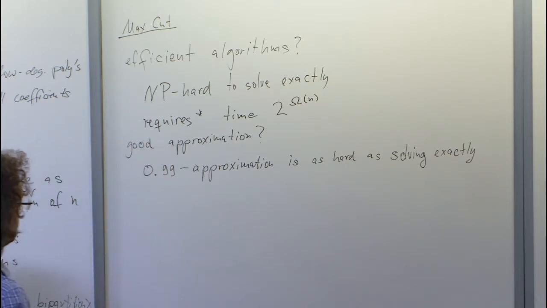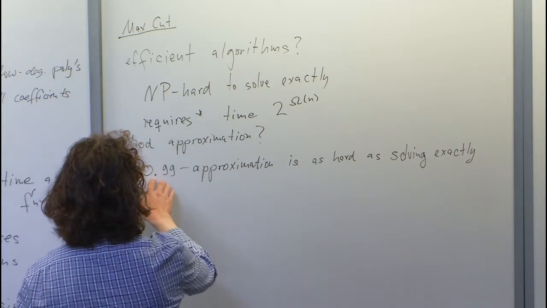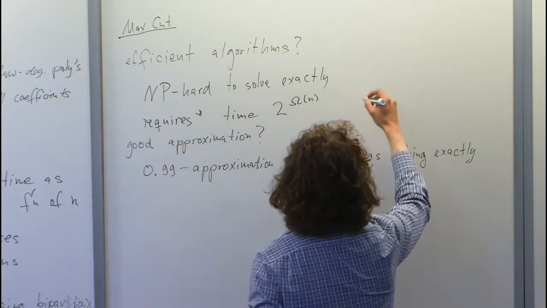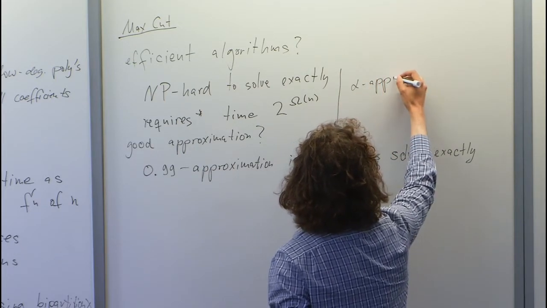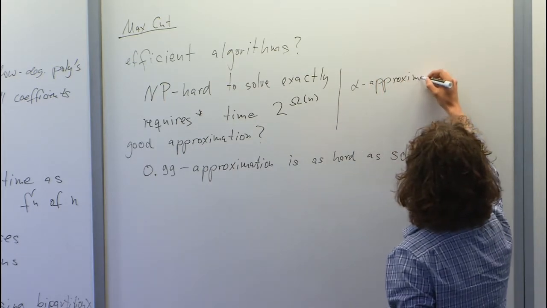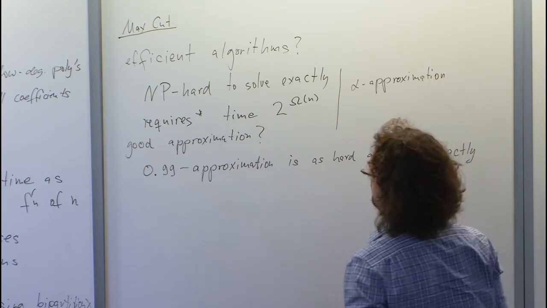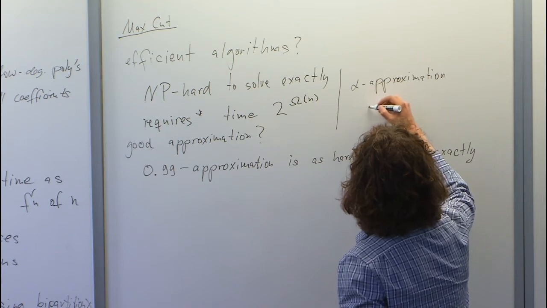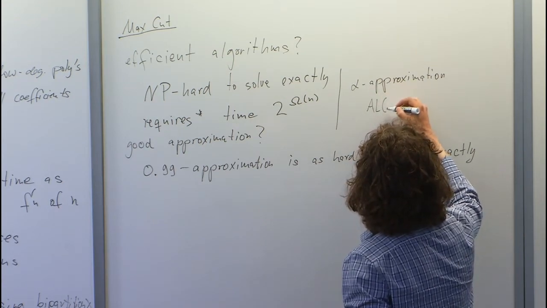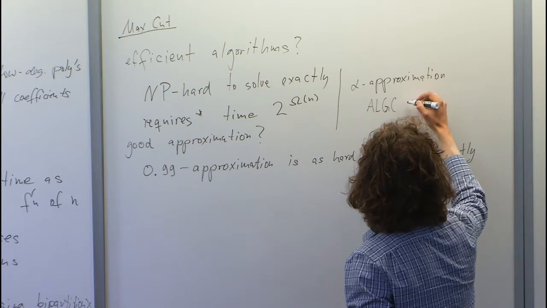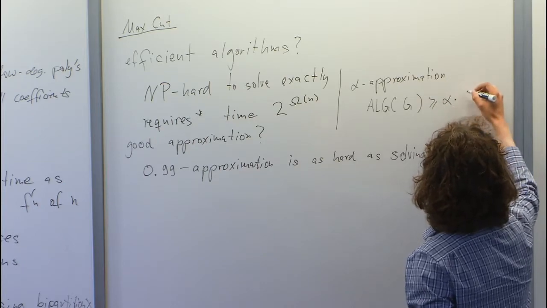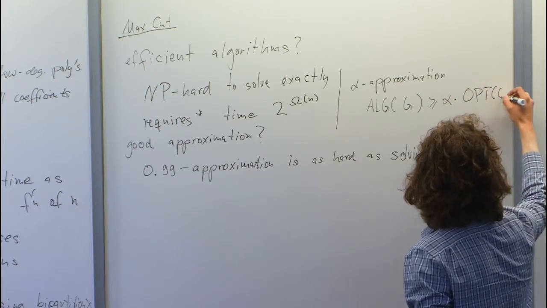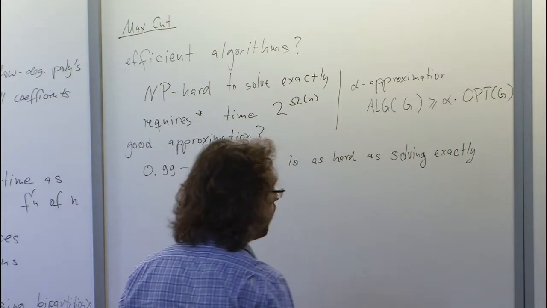Usually it depends on the problem, but in this case, an alpha approximation means that the solution found by the algorithm on a particular input graph G is at least alpha times the value of the optimum solution for the graph G, and this is for all graphs G.